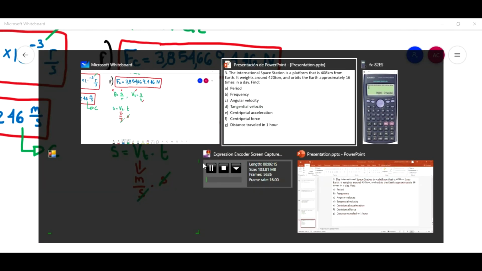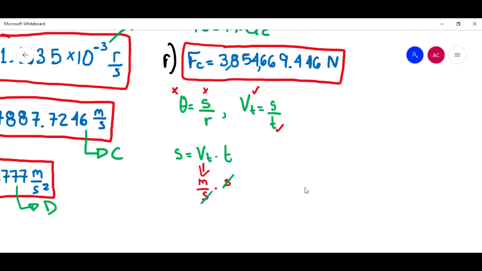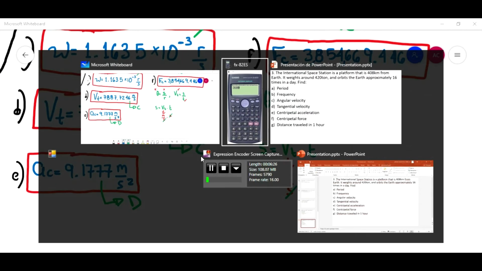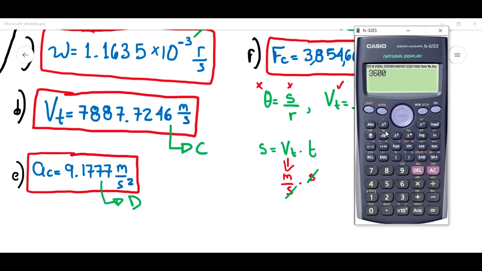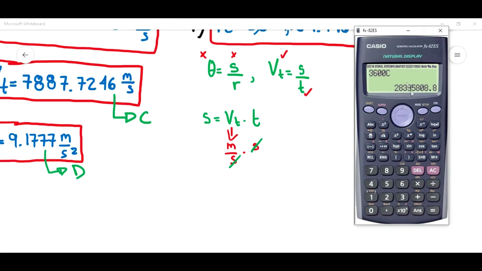So the only thing that I'm going to do is multiply 3,600, that is an hour in seconds, times the value of the tangential velocity, that is a value that I got saved in my memory C, and I will find the distance traveled in meters of the International Space Station. If I want this distance to be in kilometers, I'm just going to divide over 1000, and that would be the distance in kilometers.